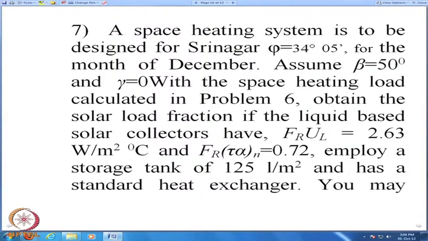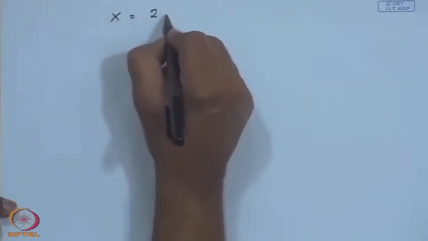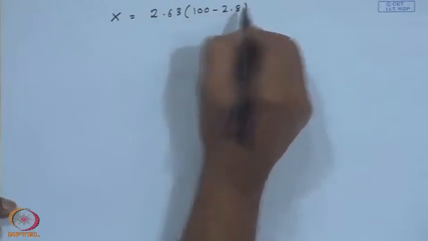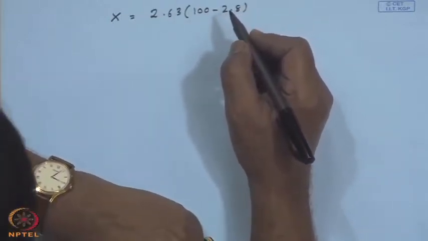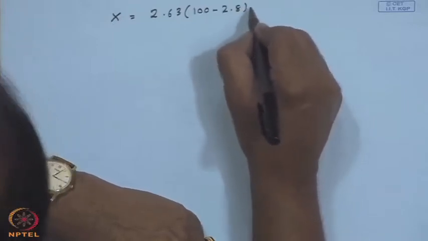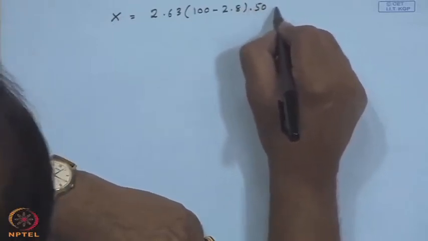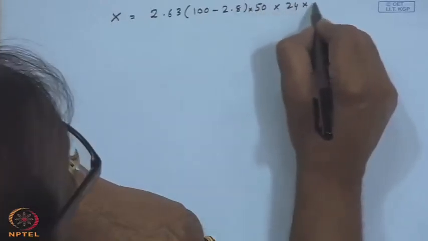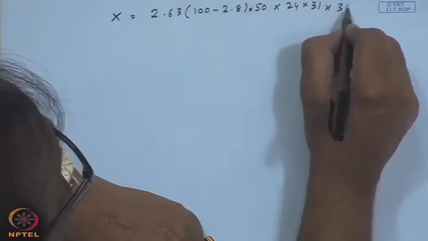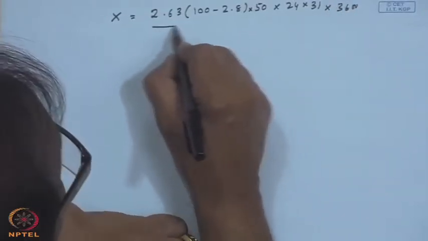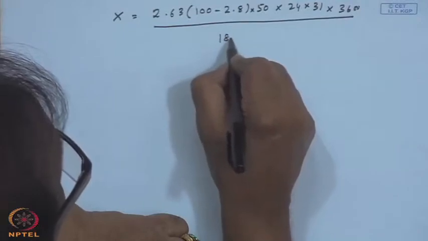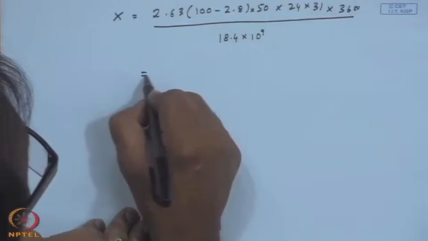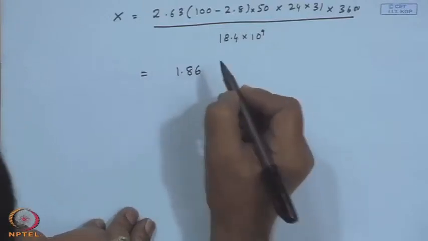So, first X will be 2.63 into 100 minus 2.8, which we have calculated while calculating the degree days, the average temperature, times 50 times 24 into 31 into 3600 by 18.4 into 10 to the power 9 joules. This will be 1.86.